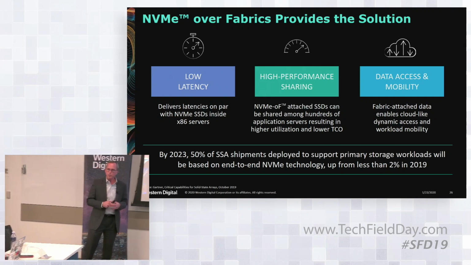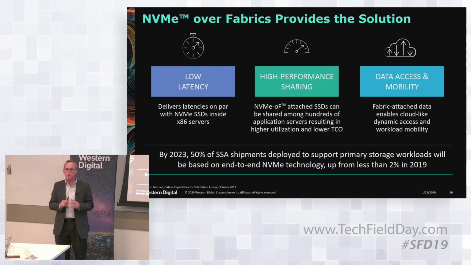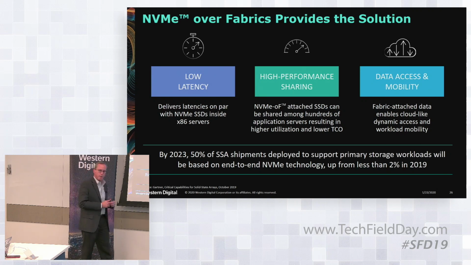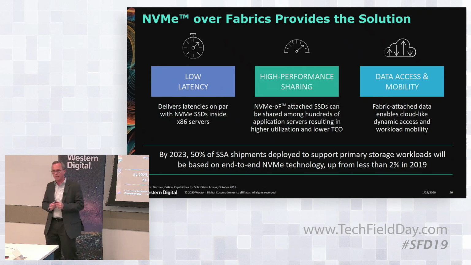There's maturation to be done, but the ultimate desire is to take these different resources, put them in pools so that they can be shared. So now these are not trapped entities. That helps your resource utilization. And the whole objective with NVMe over fabric is to provide the sharing possibility with minimal performance impact.